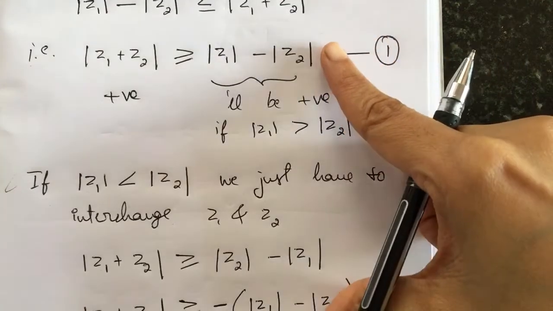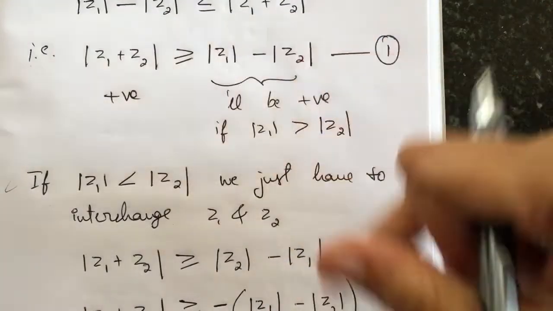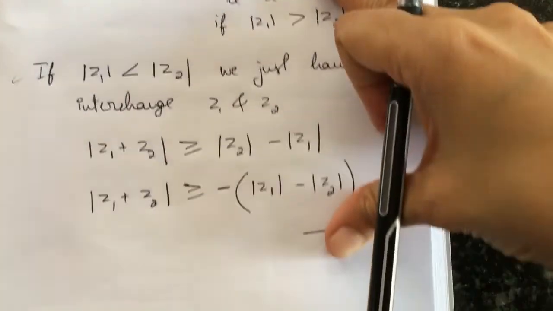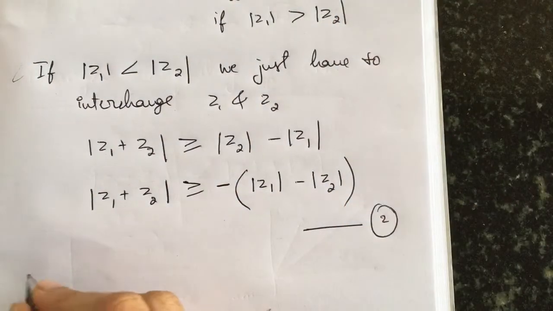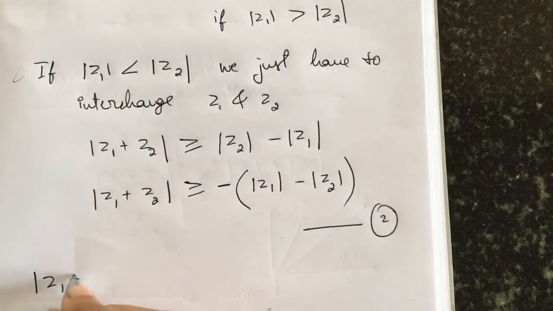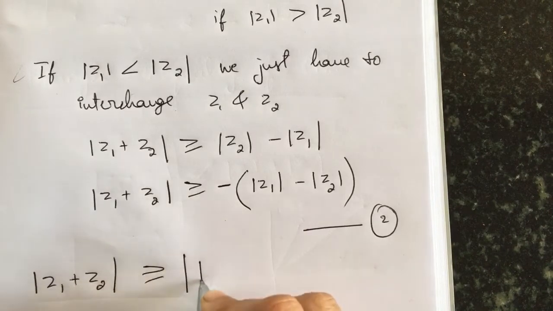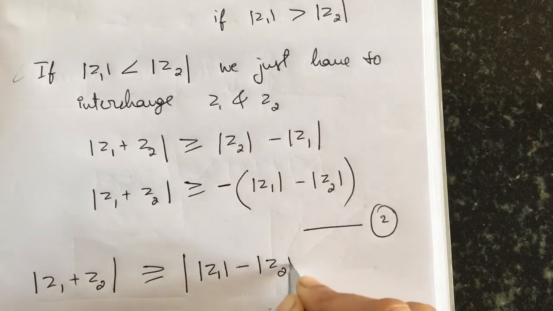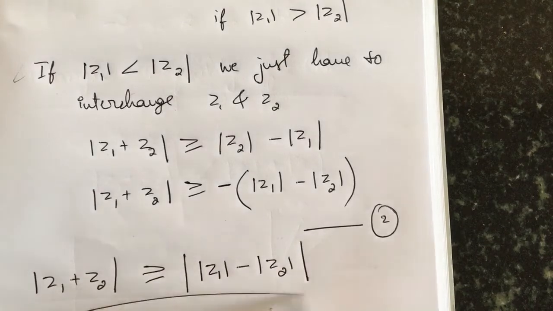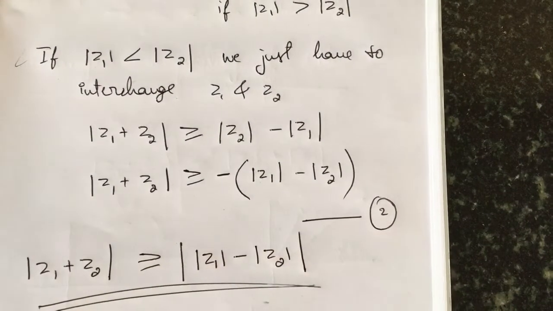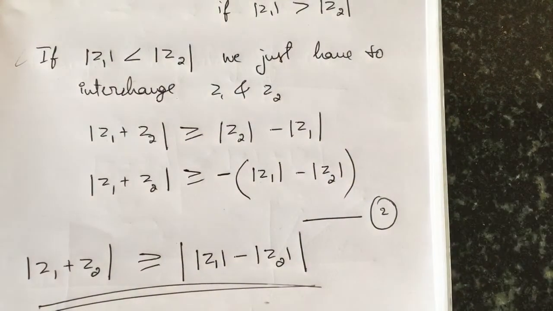Therefore every time the right hand side is less only. So I can directly write mod z1 plus z2 is greater than or equal to modulus of mod z1 minus mod z2. This is the important result we use in many of the problems.